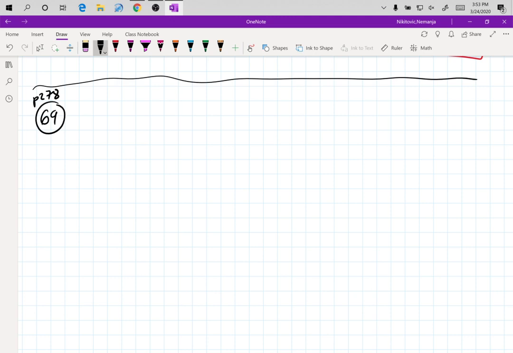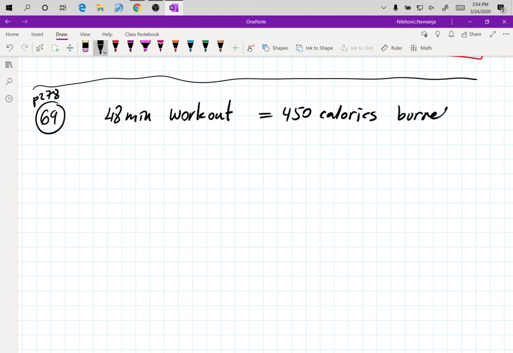So in a 48-minute workout, a student, this is where you plug in your name because you want to care, a student burns 450 calories on a tread climber and stationary bicycle.